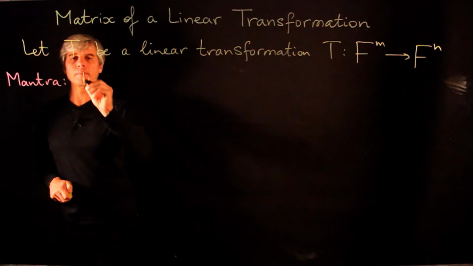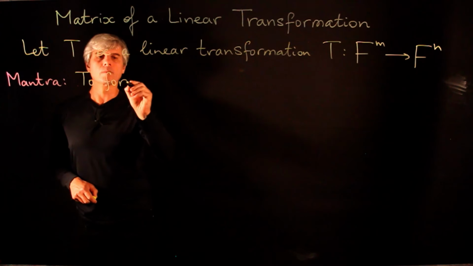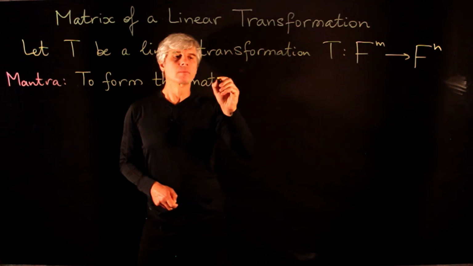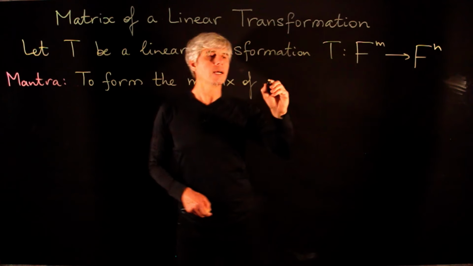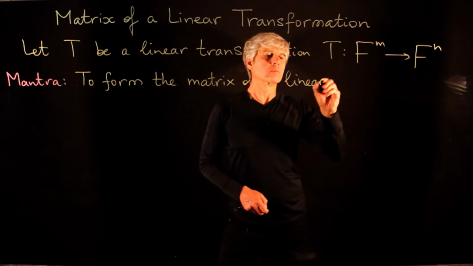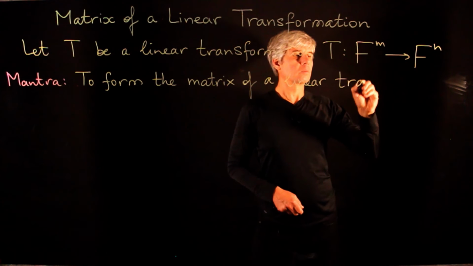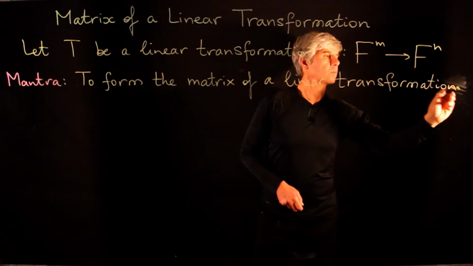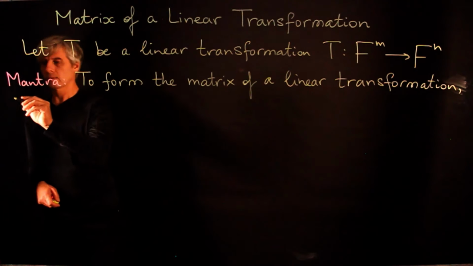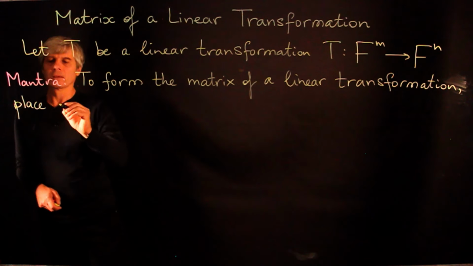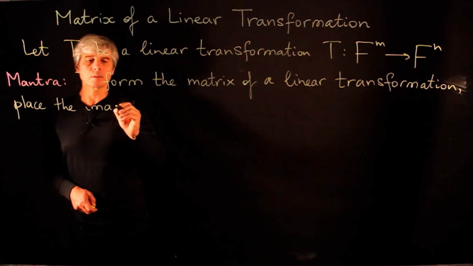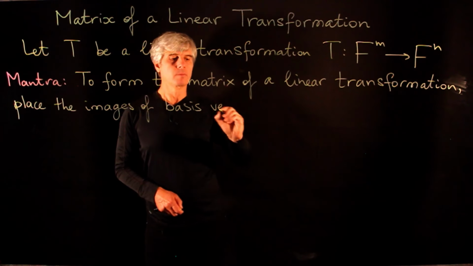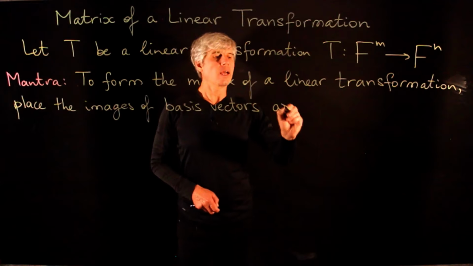To form the matrix of a linear transformation, place the images of basis vectors as columns.